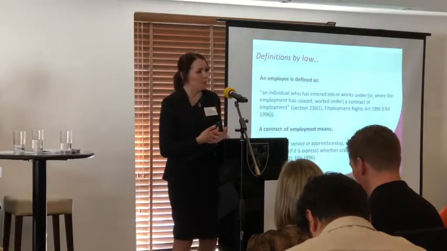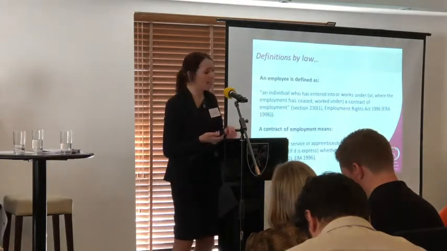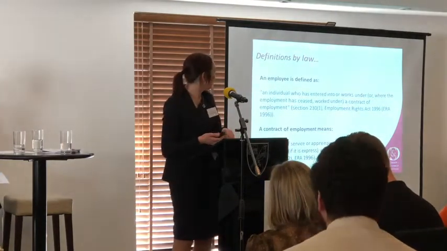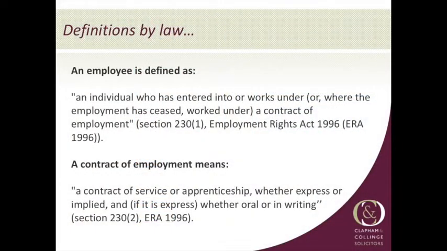So how do we determine the status of an individual? The Employment Rights Act refers to an individual who has entered into or works under, or where the employment has ceased, worked under a contract of employment. And then it goes on to say that a contract of employment means a contract of service or apprenticeship, whether express or implied, and if it is express, whether oral or in writing.